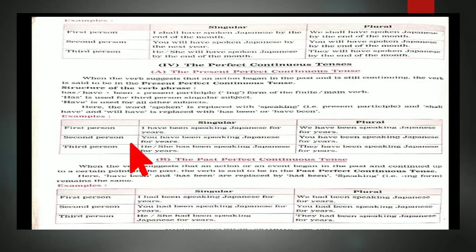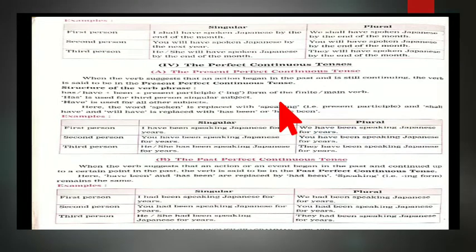Now example: I have spoken Japanese, we have spoken Japanese. Second person will always be you: you have spoken Japanese. Third person: he or she has spoken Japanese, they have spoken Japanese.